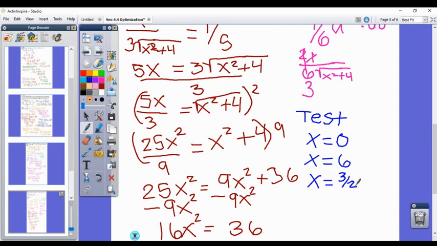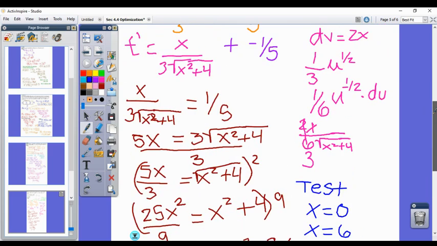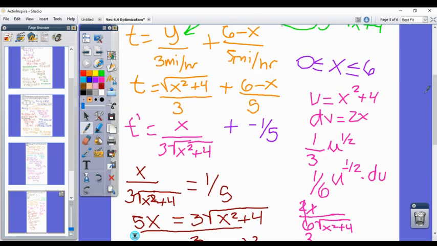Okay, so when x is 0, and I'm plugging this into my t formula, I'm plugging it into this t formula in orange here. Okay, that's what I'm plugging into.